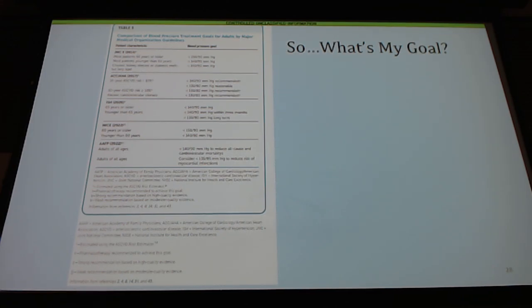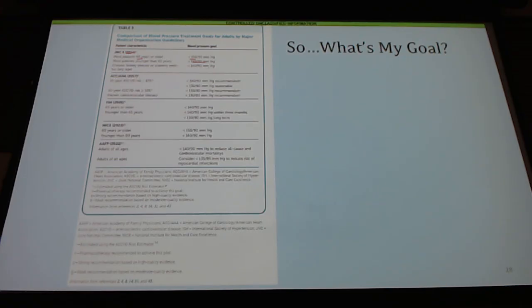In JNC8, which came out in 2014, for patients 60 years or older, keep the blood pressure less than 150/90. That's your goal. But if patients are younger than 60, then 140/90.